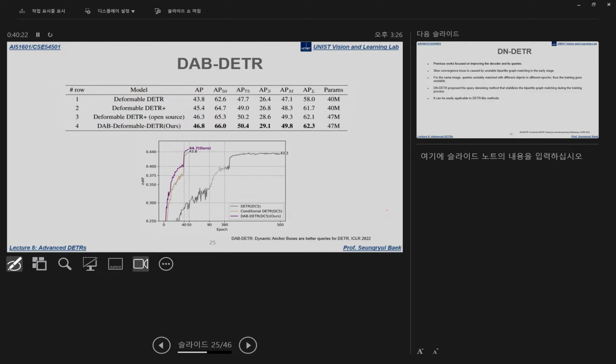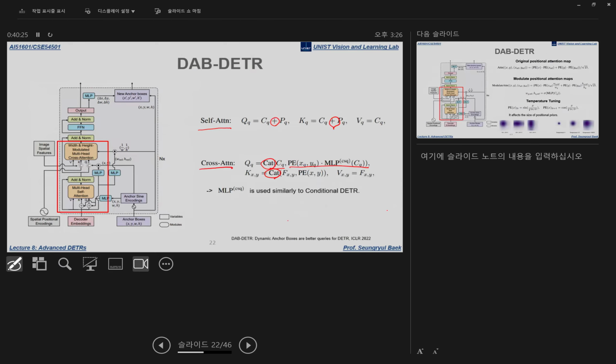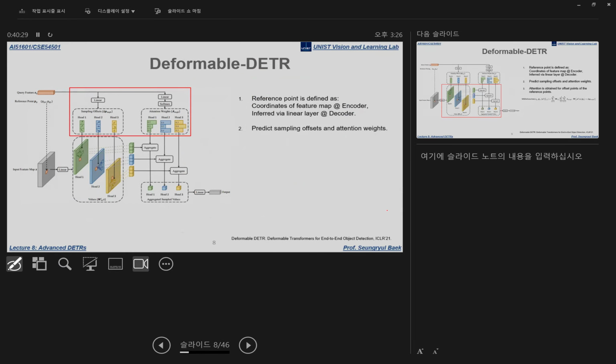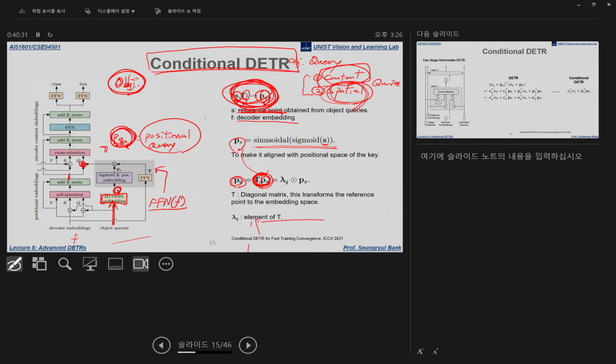Okay. So the high-level motivation of these works is like this. As I mentioned previously, by cross-attending the object queries with the enhanced image feature, we have to map them into the bounding box and class information. But previously in object queries, the image information was missing, especially the spatial information.